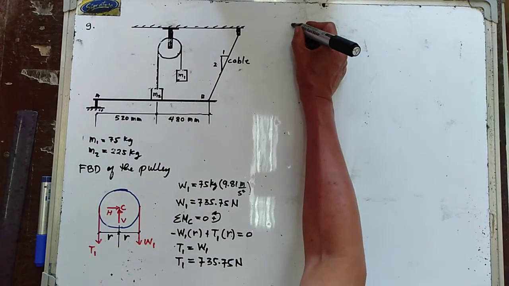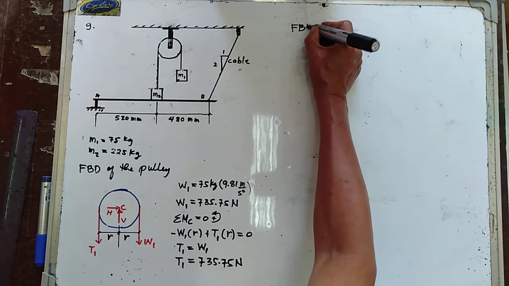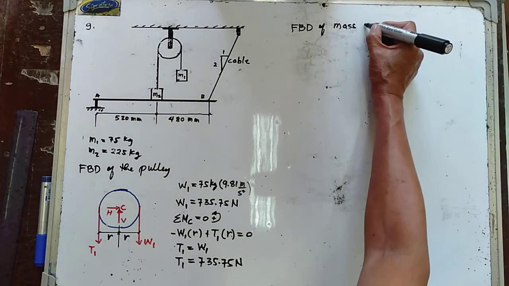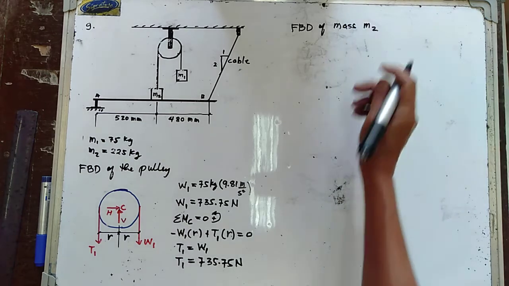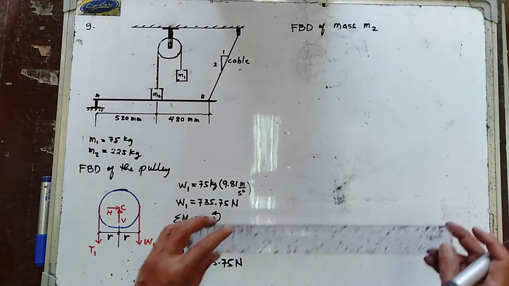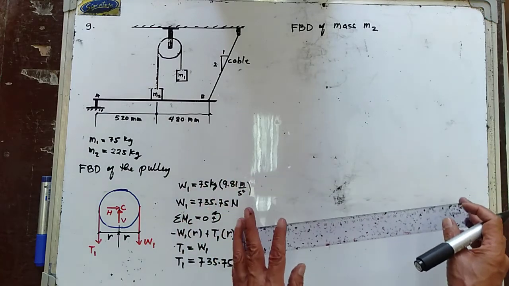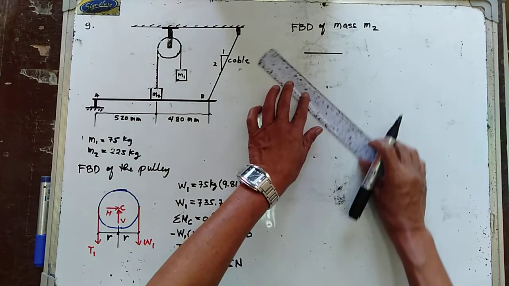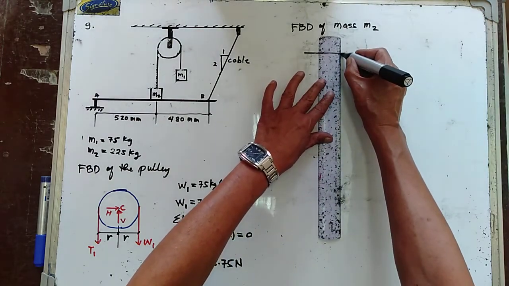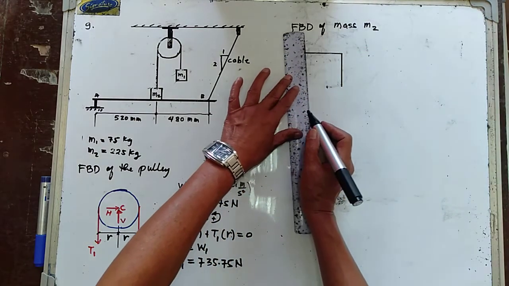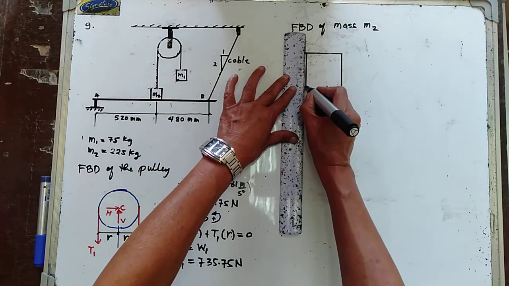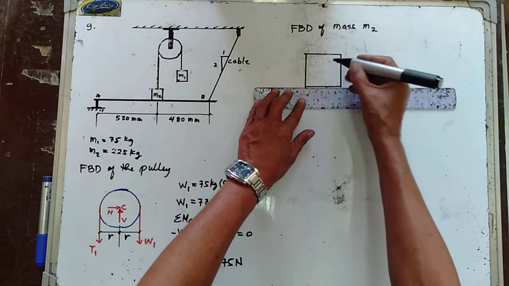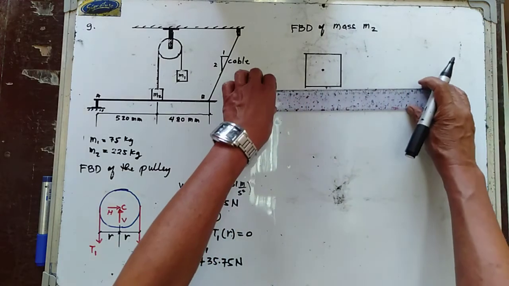So if you try to get your FBD of mass M2, let's draw now the free body diagram of mass M2. So this is your mass M2. Okay, so we have the center of the mass M2.